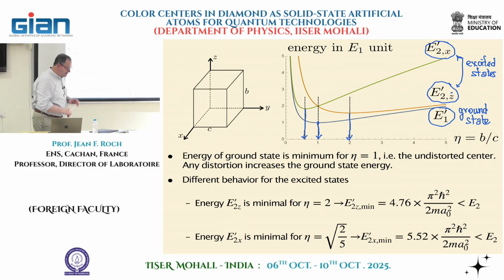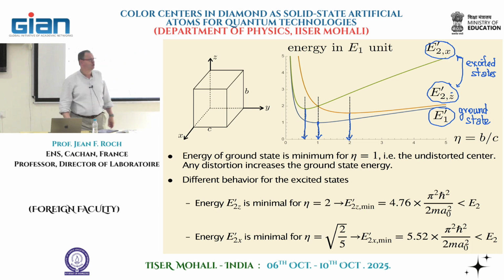So we have different behavior for the excited state. If I consider the E prime Z, this is minimal for this eta, and the value is indeed lower than the one we have without distortion, with the cube. If I consider the other system, I reach another value, eta equal square root of 2 over 5.